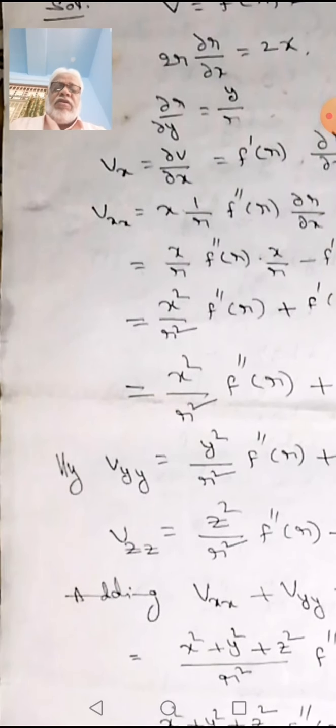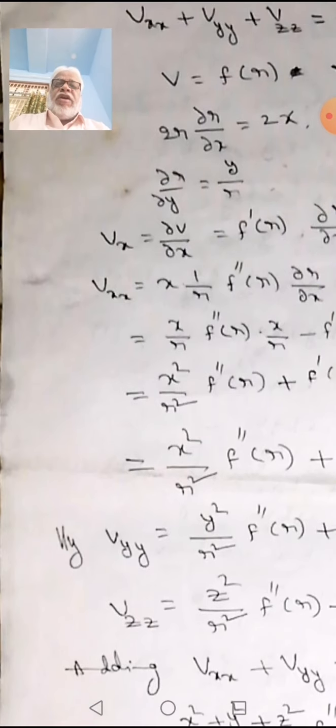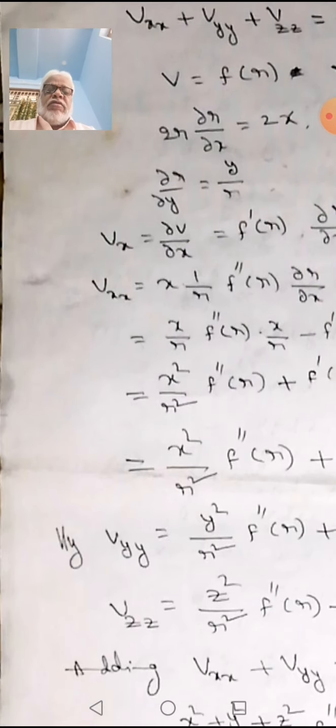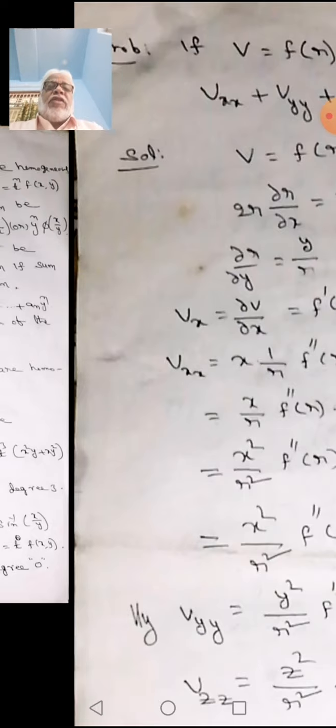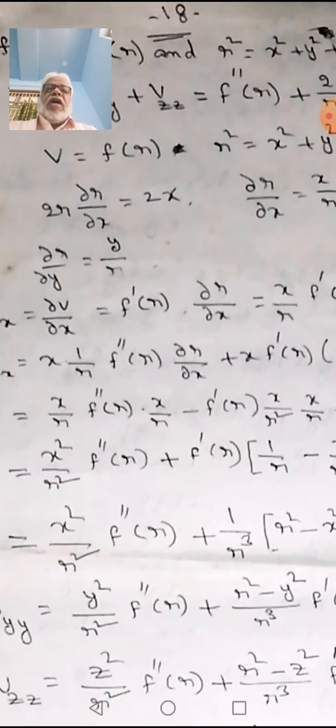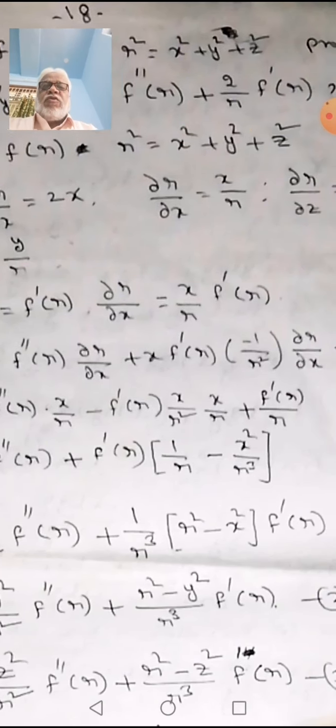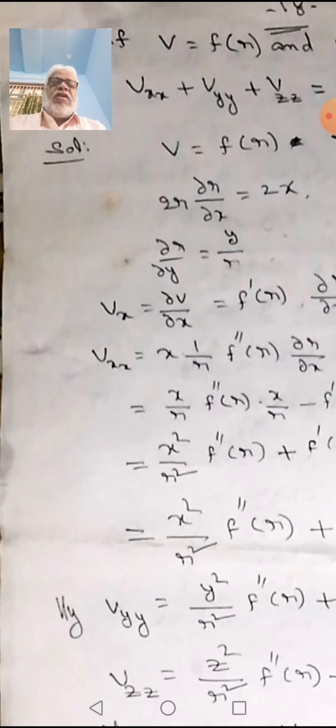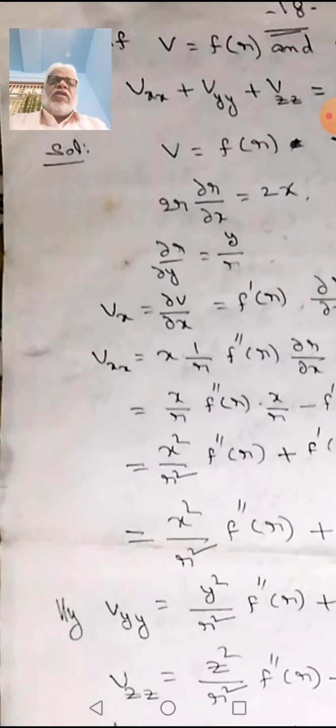Actually we find the values of vyy, but all terms are the same: r square is equal to x square plus y square plus z square, and vxx, vyy, vzz, and v is equal to f of r. These are the common terms. What is the power of x, of y, and of z? All the powers of x, y, z are the same.